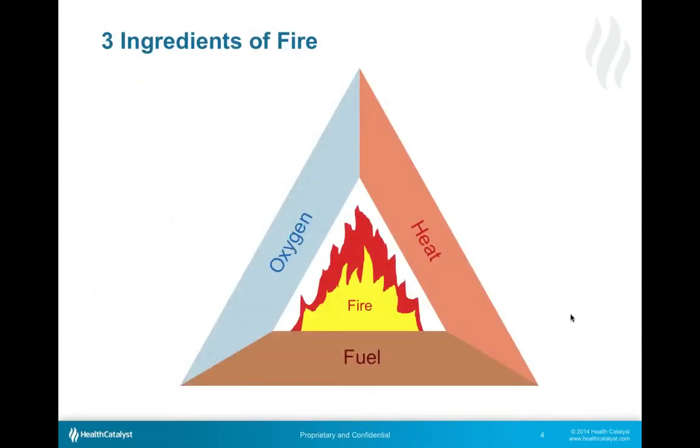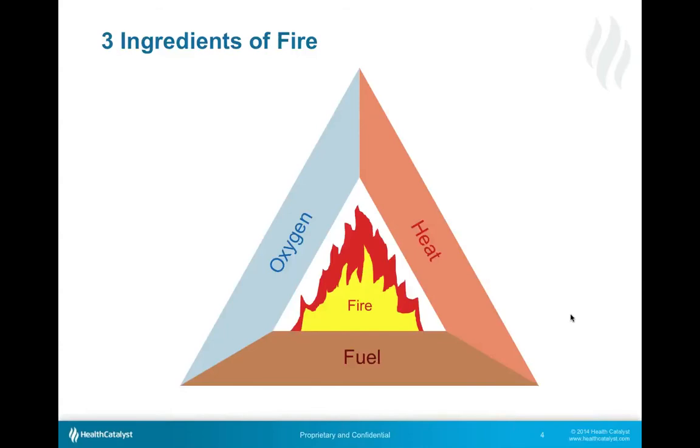I like to start with an analogy. If you think about what it takes to get a fire to start for combustion, it takes oxygen, it takes heat, and it takes fuel. And if any one of those are missing, you have a less effective fire.